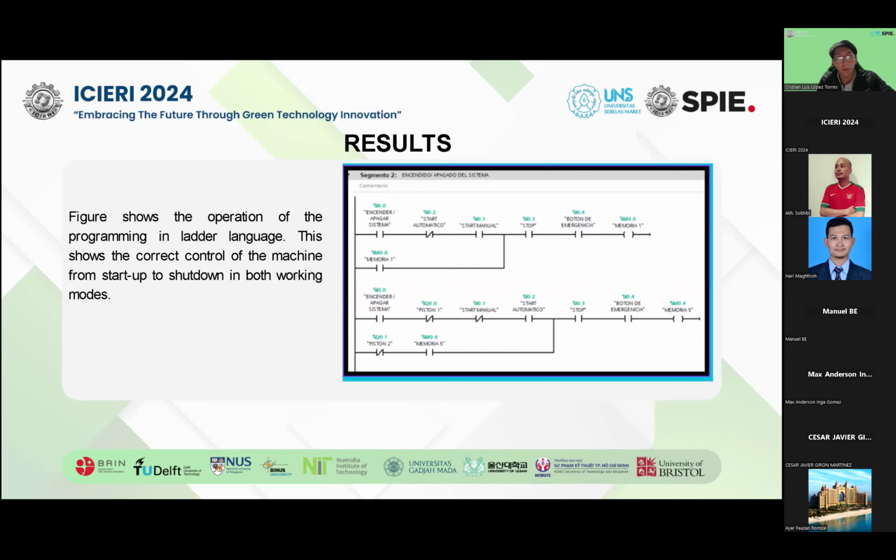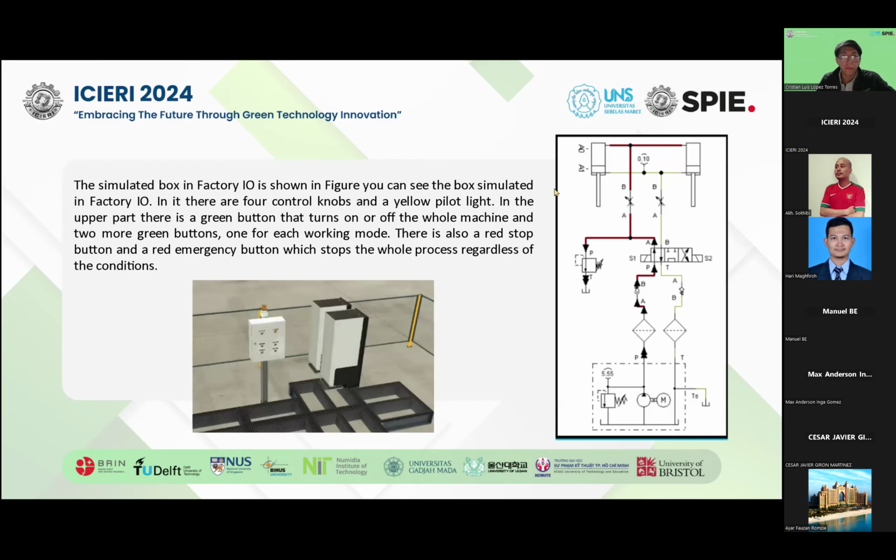The figure shows the operation of the programming in ladder language. This shows the correct control of the machine from startup to shutdown in both working modes. The machine also features a temperature control system to monitor and maintain a safe operating temperature.